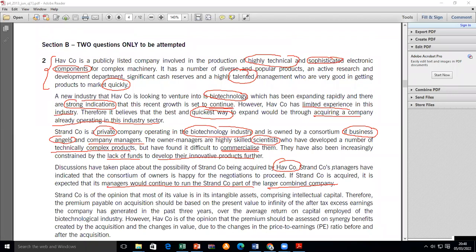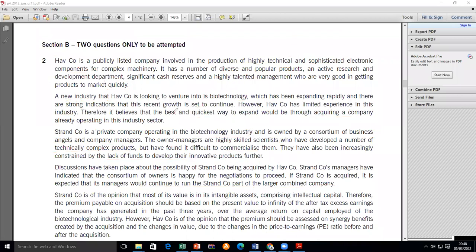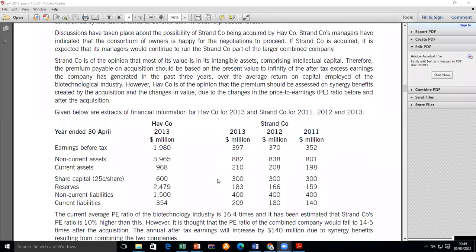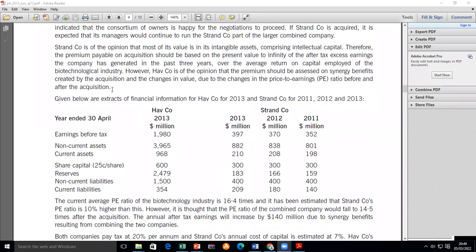Now, let's look at what we need for our question. That's our focus. S company is of the opinion that most of its value is in intangible assets, comprising intellectual capital.